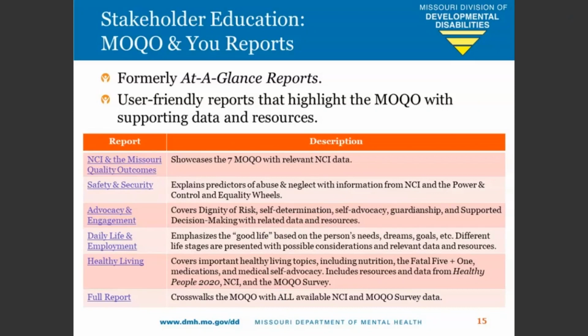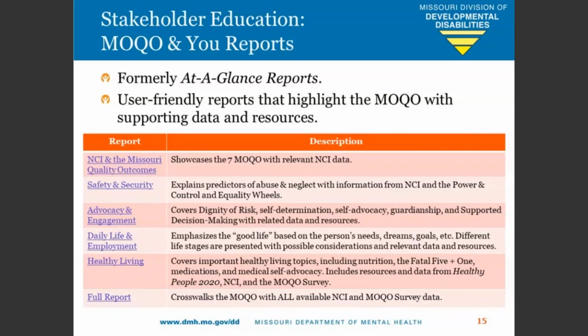So it goes through the different life stages and it really emphasizes helping an individual find their good life, and the fact that the good life is going to look different for everyone.